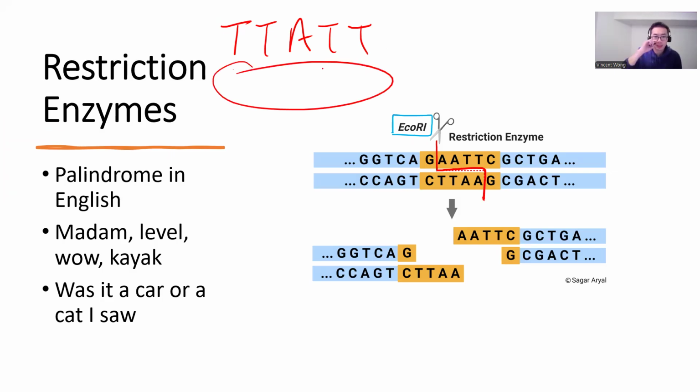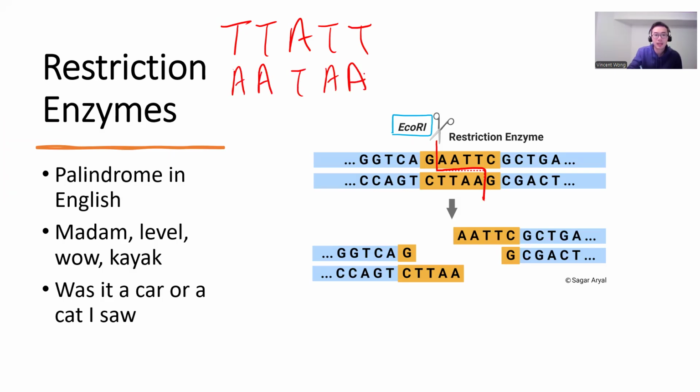What's the opposite strand? AATAA. Yeah. AATAA. That's right. So you see, if you read it forward, it's not actually the same as backwards, right? So that's not a palindrome in the context of restriction enzymes, okay? It's only a palindrome if it's the same forward and backwards on the complementary strand.